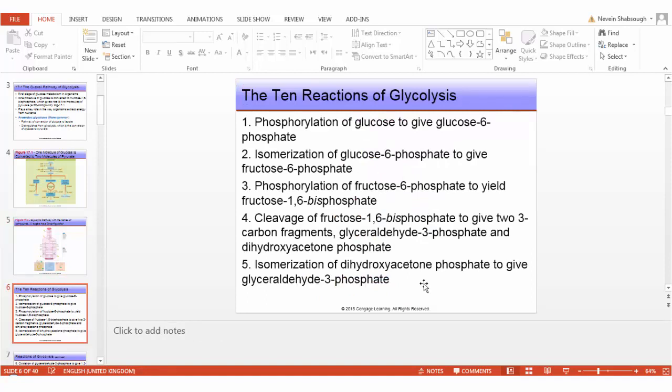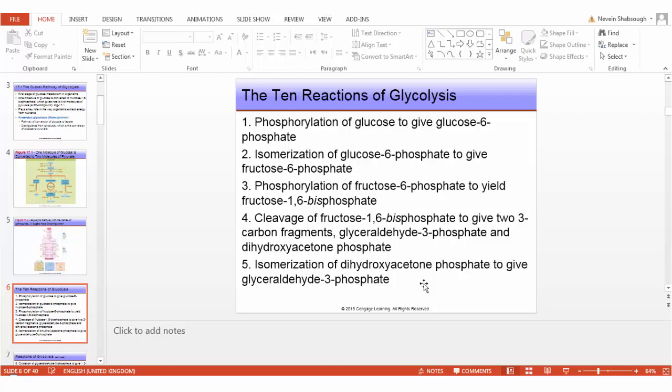We begin with phosphorylation of glucose to give glucose 6-phosphate. Now, glucose can enter and come out of the cell freely, but in order to trap it inside the cell, it becomes phosphorylated, because neutral glucose can enter, but negatively charged glucose cannot come out of the cell, so it is forced to continue the other 9 reactions.